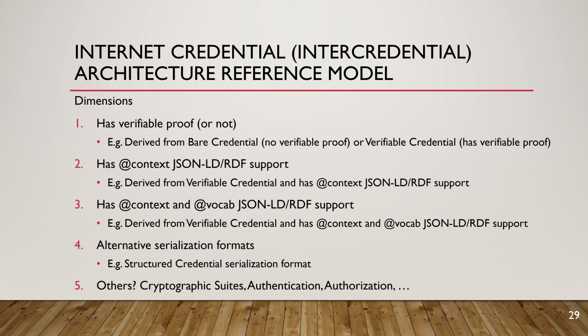It's a bare credential that has a verifiable proof. Going from the VC profile one step to the right, we have the VDLC1 profile, and that's a verifiable credential with only the at context JSON-LD RDF extension.